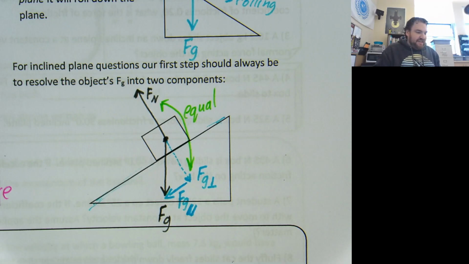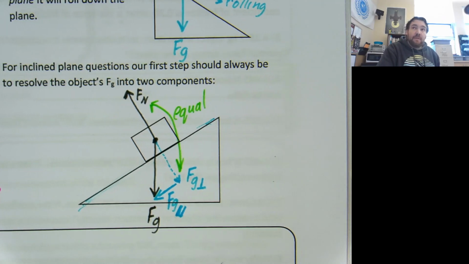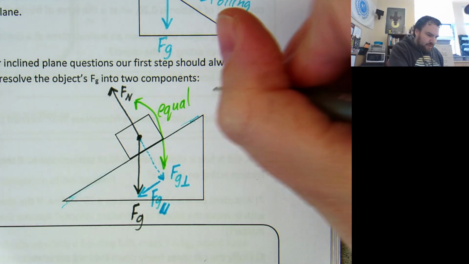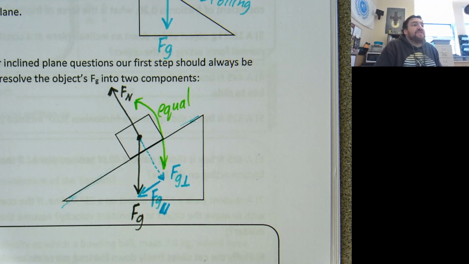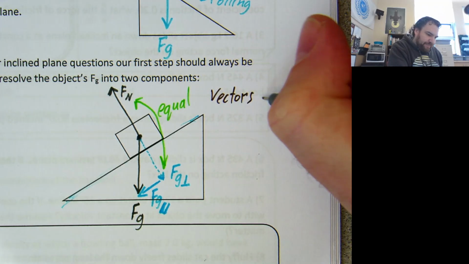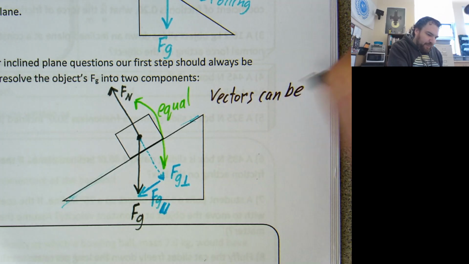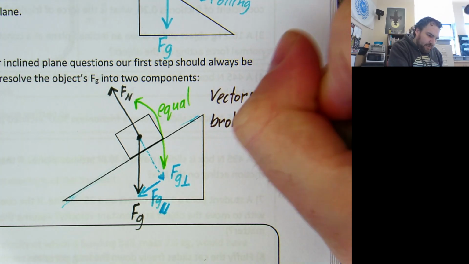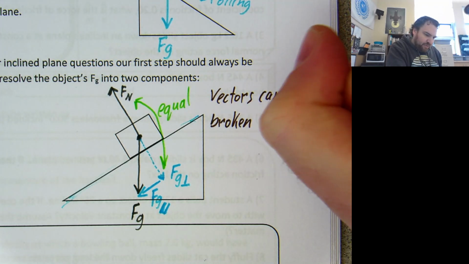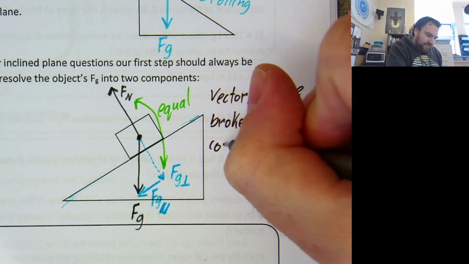And so what I've just done here is I've taken Fg and I've broken it up. Something we haven't looked at yet, because we've stayed largely in one dimension, is the idea that vectors themselves can be broken into what are called components.